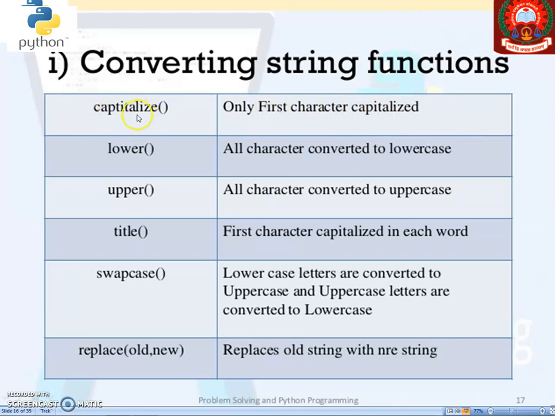Lower: all characters get converted to lowercase. Upper: all characters converted to uppercase. Title: the first character in each word is capital, so the first character of each word will get capitalized. Swapcase: lowercase letters are converted to upper and vice versa. Next, replace old with new: replace the old string with a new string.